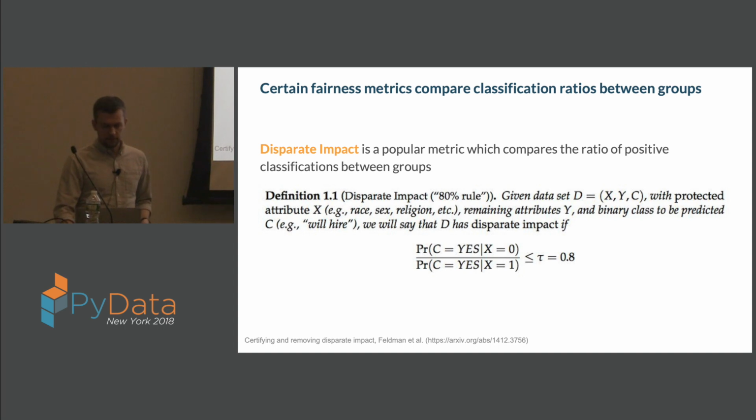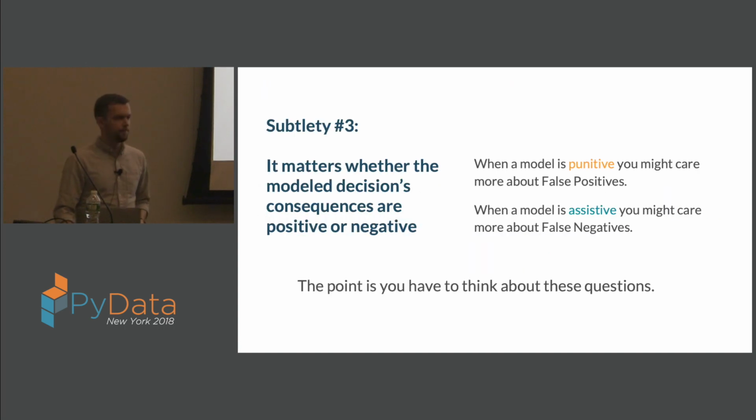So the last subtlety is that the consequences of your model matter. If you're making a model that is punitive, where the consequences of your model's decisions are negative, you're handing out a punishment, then I could see making a case for caring more about false positives. You care about not punishing innocent people based on the output of your model.